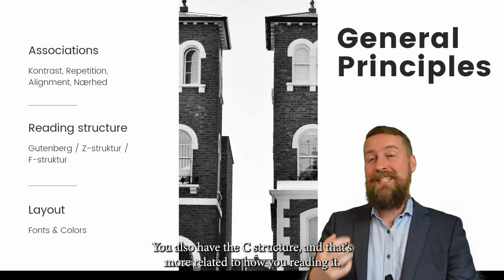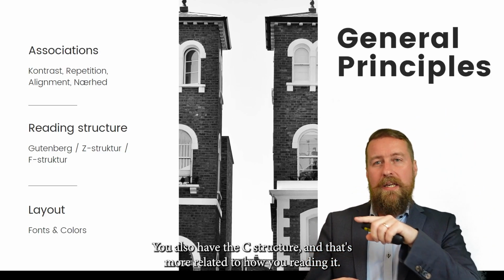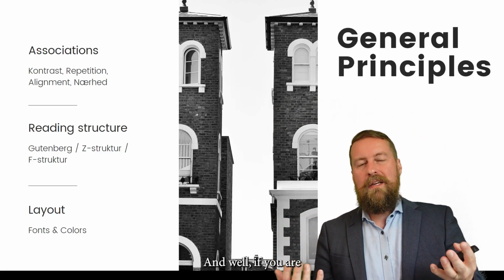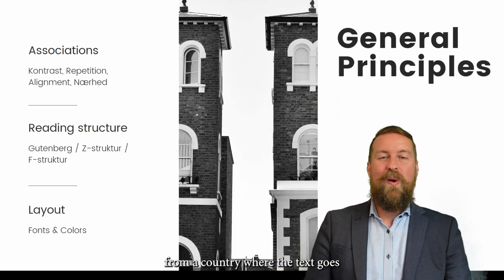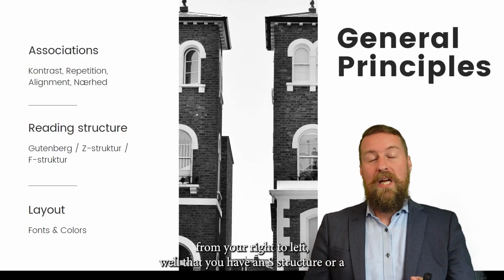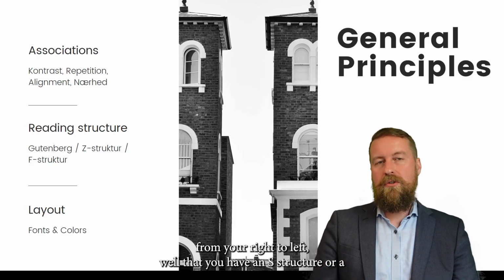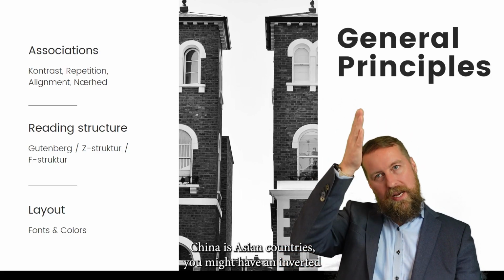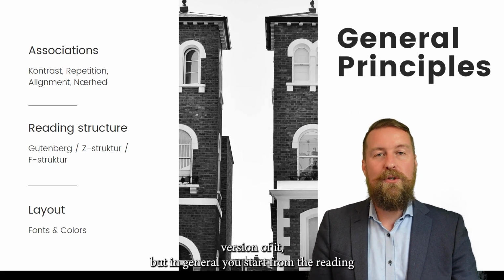You also have the S structure, and that's more related to how you're reading it. If you are from a country where the text goes from right to left, or in Chinese or Asian countries, you might have an inverted version of it.